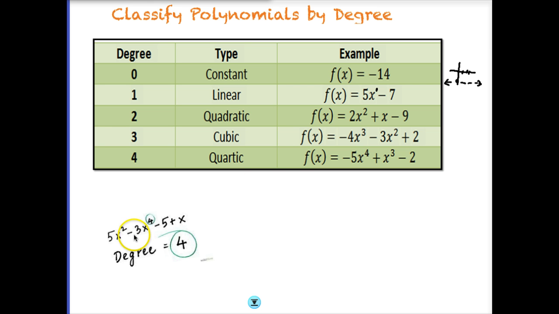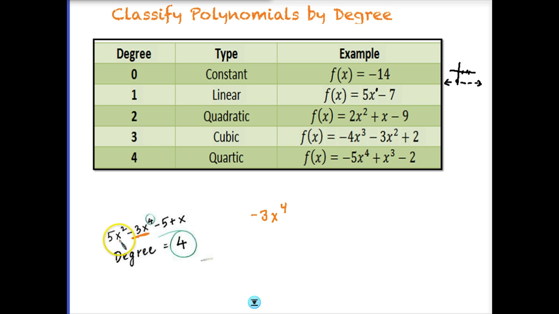So we would want to rewrite this function a little bit differently. We would want to write it in order of the highest degree and go down. So we would write it as -3x to the fourth. That is our highest degree here, and we want to make sure to pull that negative sign.